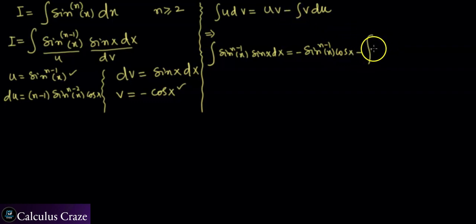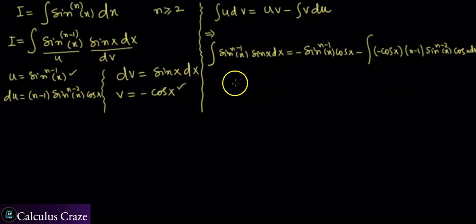My v is minus cos x, so the minus can be multiplied, and I will write plus cos x, and my du is equal to n minus 1 times sine power n minus 2 of x times cos x dx.